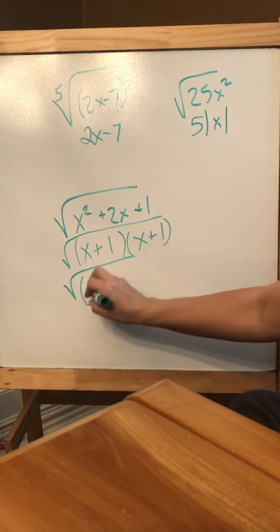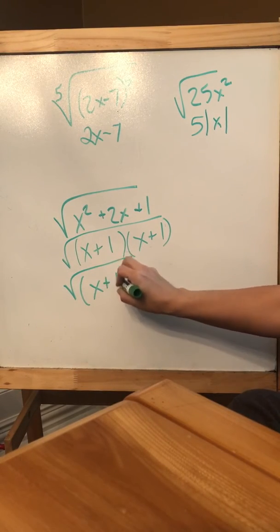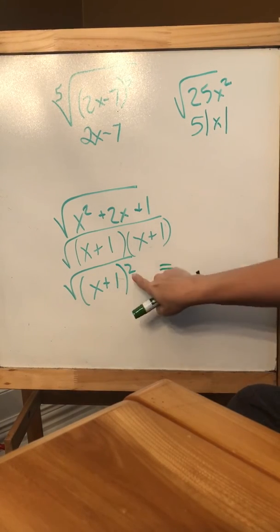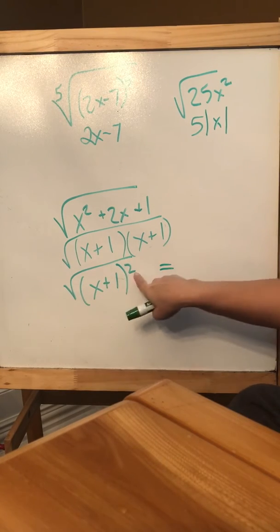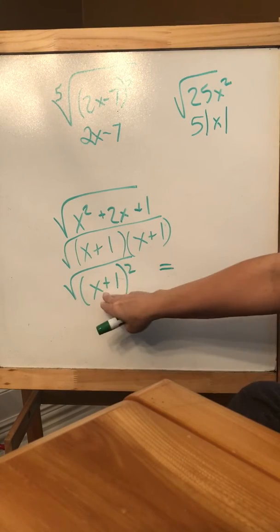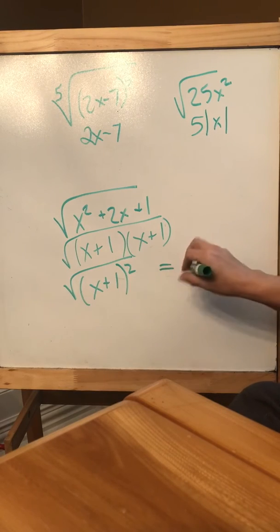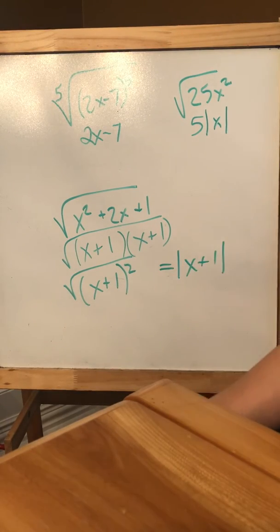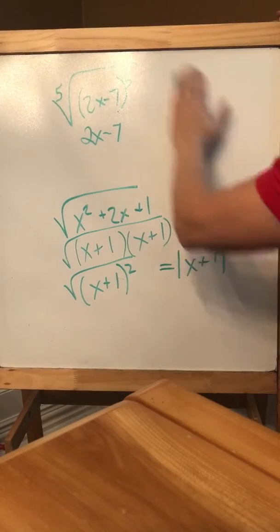We get the square root of x plus 1 squared. So, since this is an even root that we're working with here, this could be a positive number or a negative number. So your answer is the absolute value of x plus 1. Okay, so I want you guys to try these next examples.